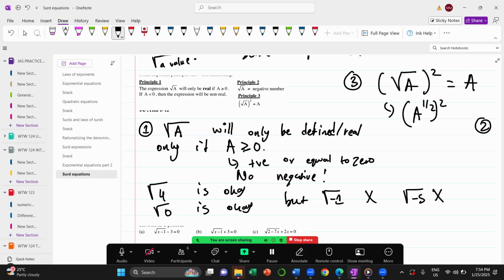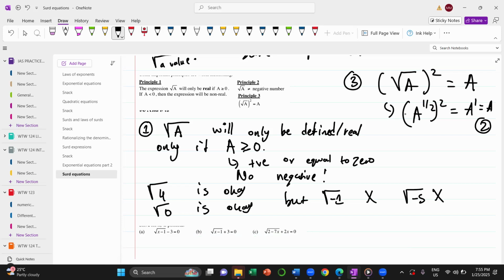So 1 over 2 times 2 gives us a to the exponent of 1, which is the same as a. Do you see where it comes from? Yes, sir. So these things you don't need to cram. Your mathematics skills can help you do anything, even in the most difficult situation. Guys, are you okay?